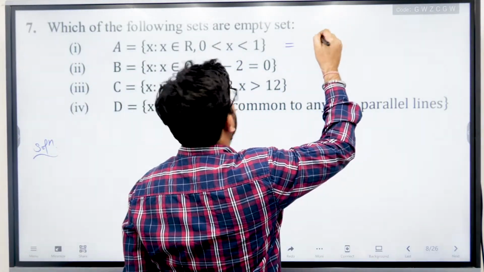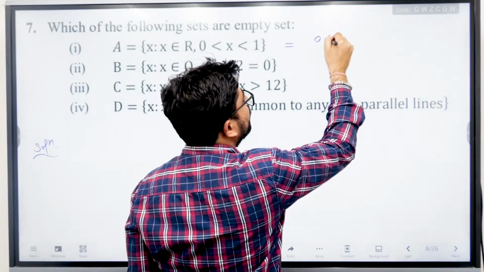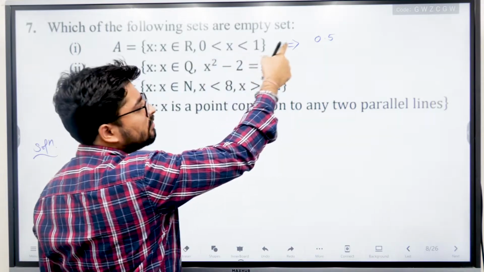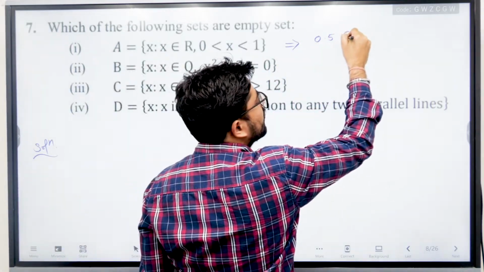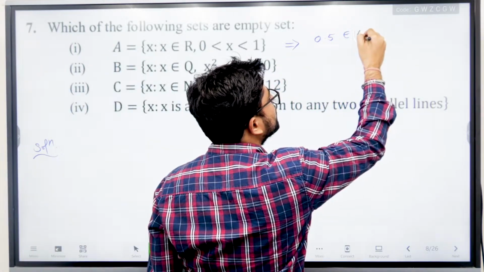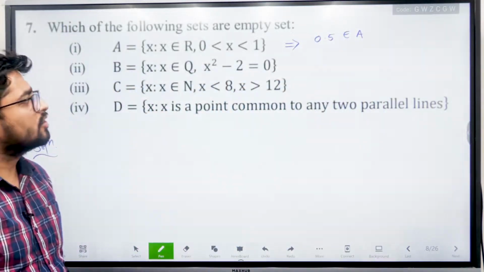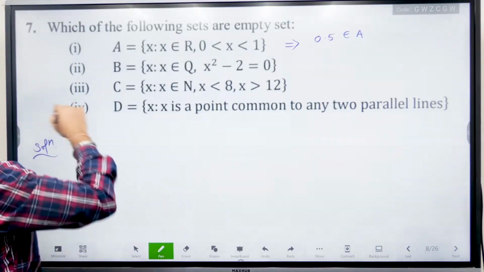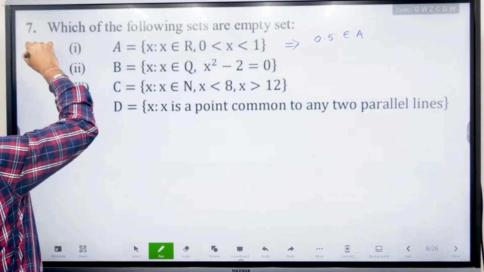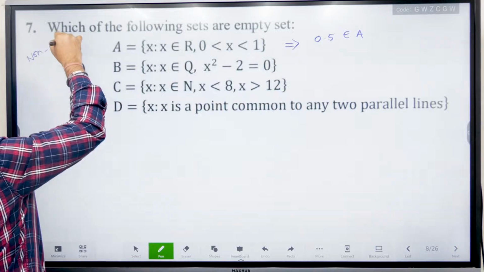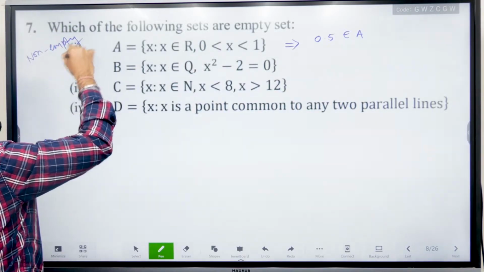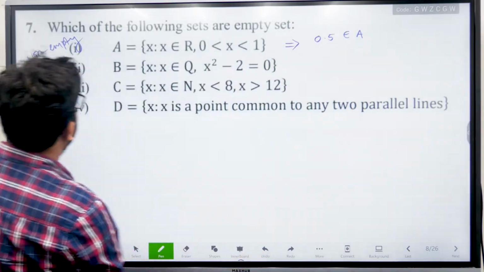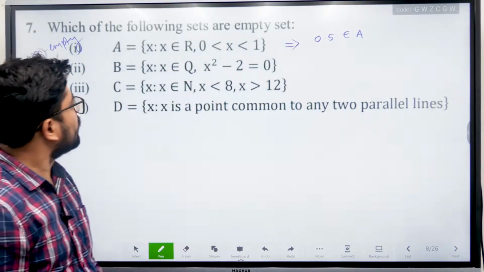Obviously 0.5 is a real number in this interval 0 to 1, and this belongs to your set A. So we have some element, so A cannot be an empty set. So A is non-empty. Got it? Now for the next one.